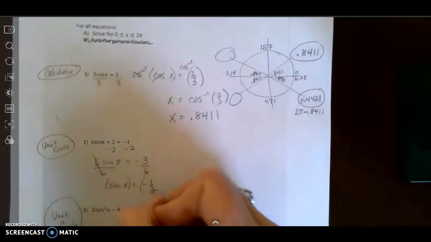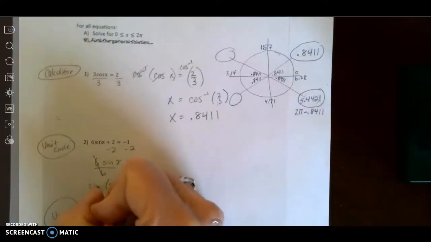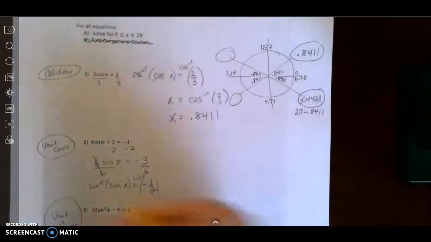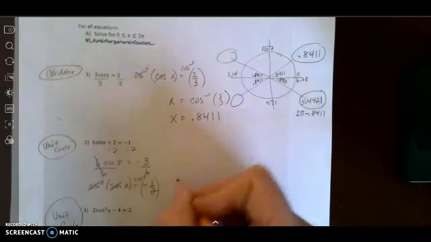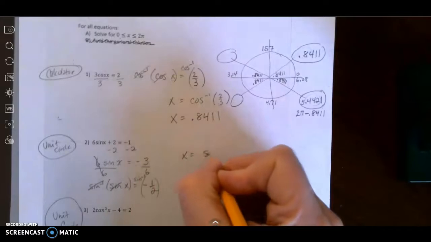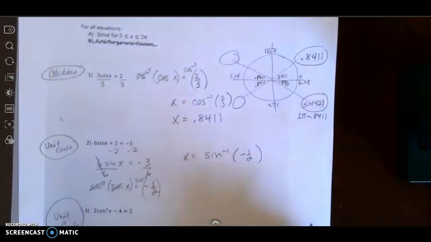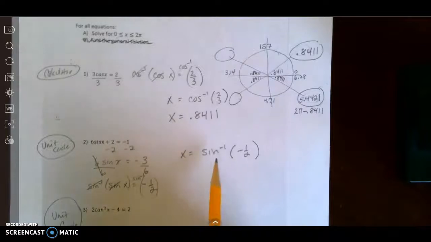Take the inverse of both sides. So x equals the inverse sine of negative 1/2. And I want all possible answers because I chose to take that inverse.